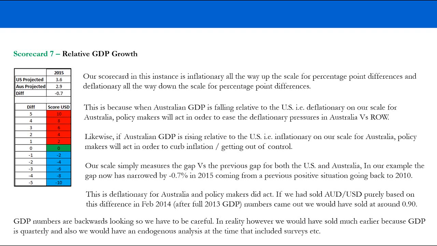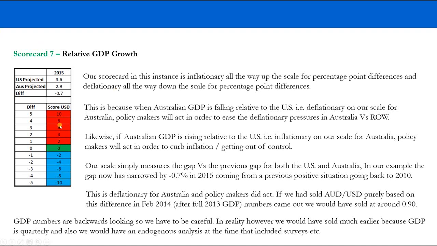And you'll be looking forward and using forward-looking GDP forecasts in your exogenous analysis. And you'll be seeing in real time what is happening to the endogenous drivers and forecasting what will be occurring in GDP and using the exchange rate as an instrument to express your view.